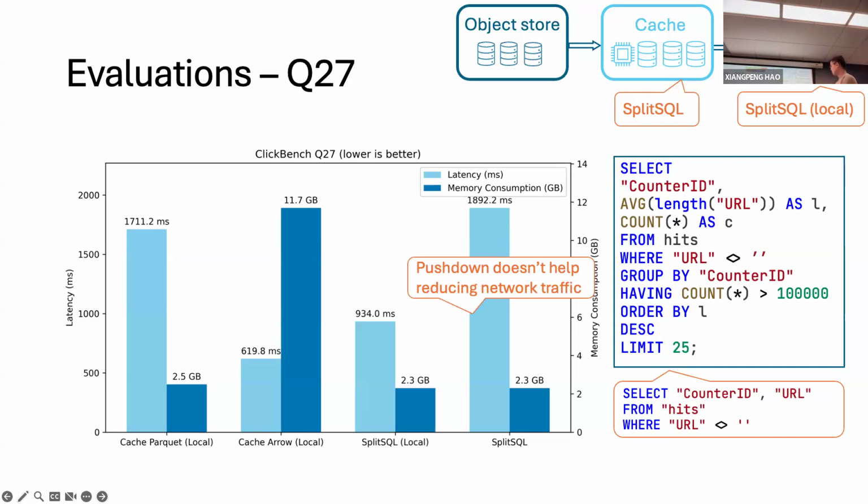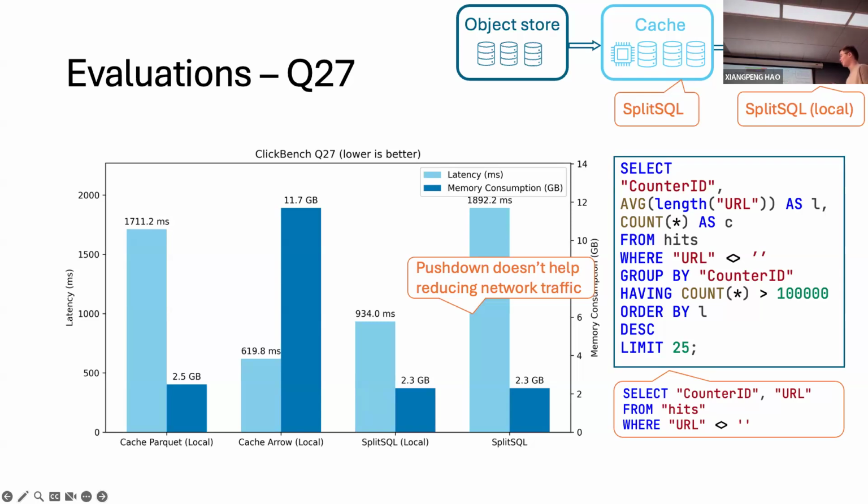So we made a separate variant of our system, where the caching component sits in the same process as the compute node, which gives us much better performance. But in general, our system will leverage the fact that your query has some selective filters, and if you don't, this system is really not designed for that.